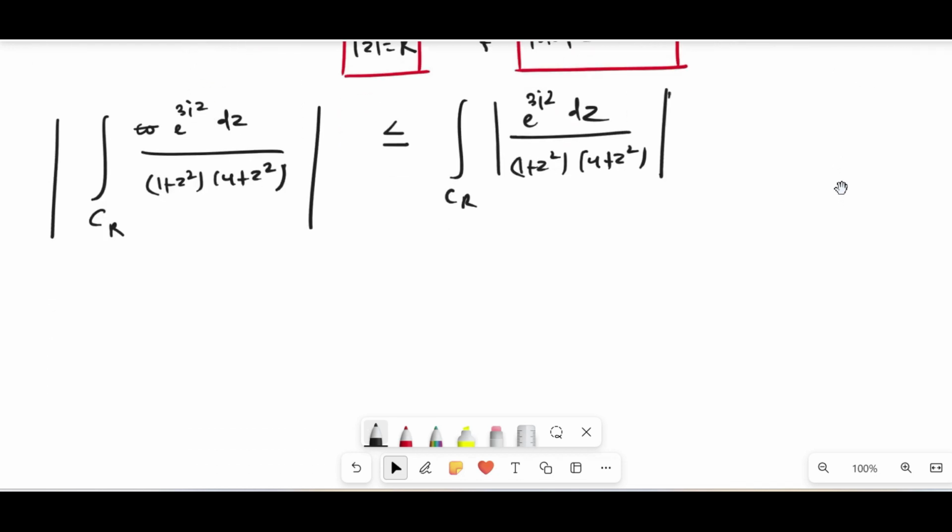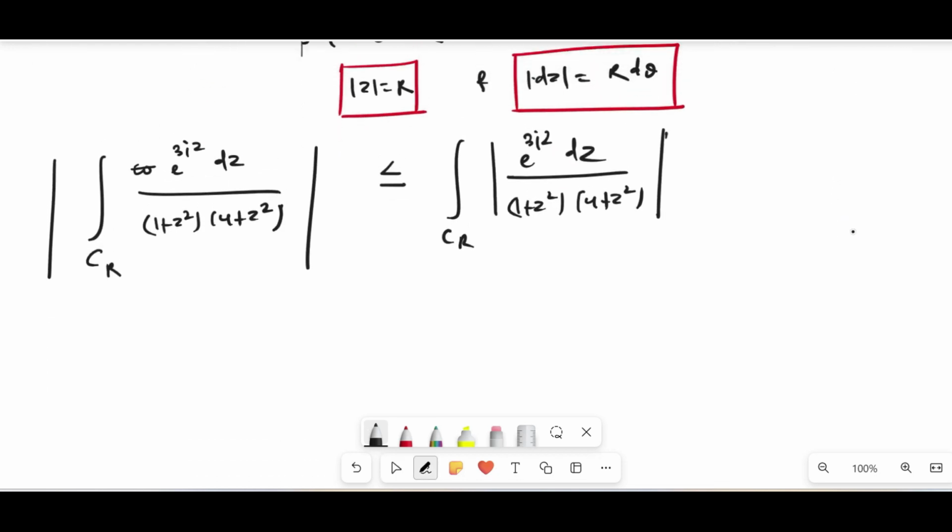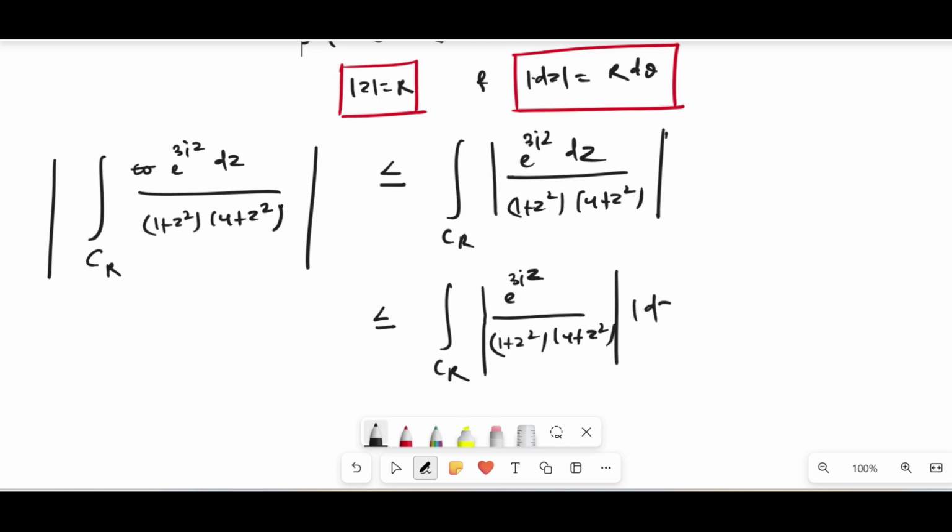So further we can write here, over the curve C of r, mod of e to the power of 3iz over 1 plus z square and 4 plus z square, and mod of dz.